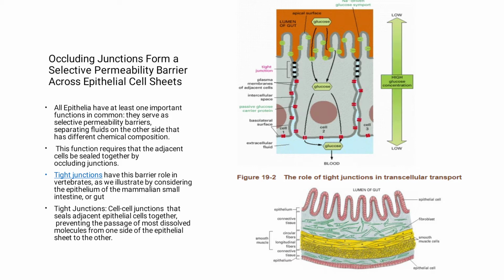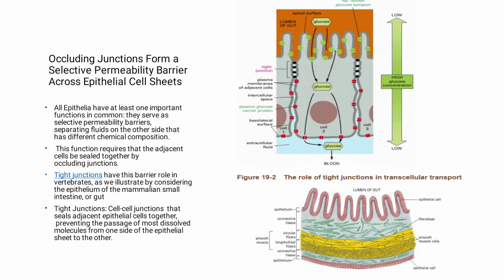The apical surface of the epithelial cell actively transports selected molecules into the cell from the gut. And the basolateral surface of the cell allows the same molecules to leave the cell by facilitated diffusion into the extracellular fluid on the other side of the epithelium.